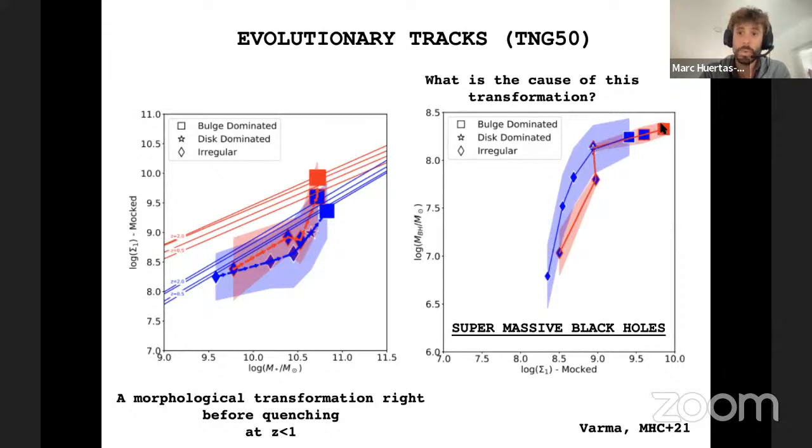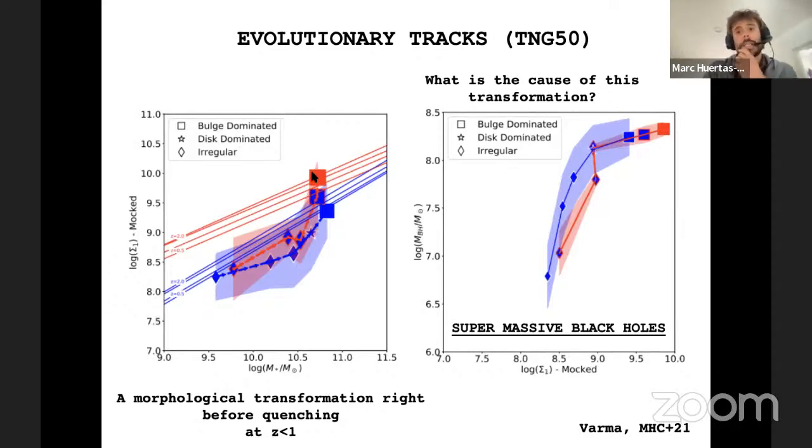Then the galaxy starts quenching, and at the same time you start transforming your morphology. So it's at the moment when the black hole changes its activity mode and becomes ejective that you transform your morphology, and when these galaxies quench. This increase in sigma-1 without an increase of the black hole is what gets you into this relation.